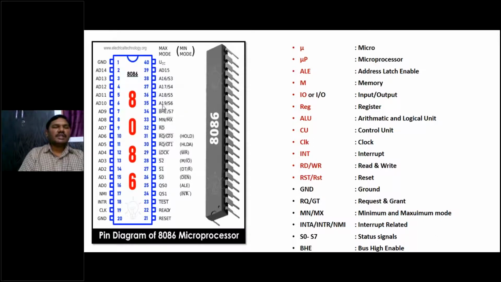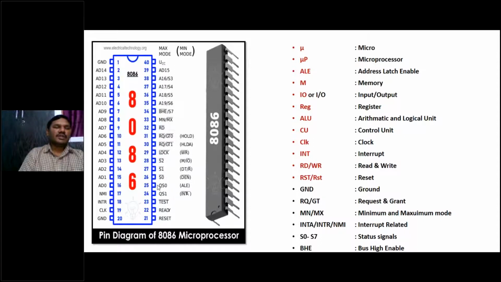And the address lines A16 to A19, out of the 20 address lines, are also shared with some of the status lines. RD is called the read pin. RQ/GT0 and RQ/GT1 are called request and grant pins. The LOCK pin, and S0, S1, S2 are called status pins, used to read or write data to or from memory or I/O devices, which we will see.